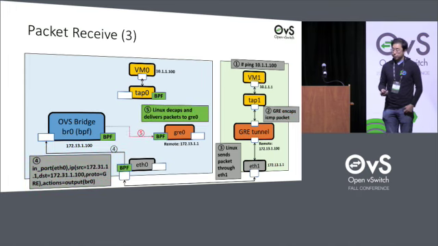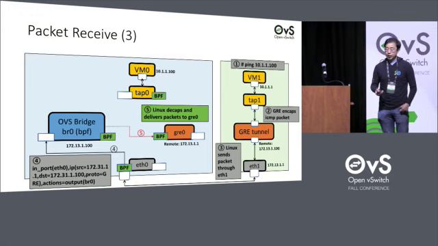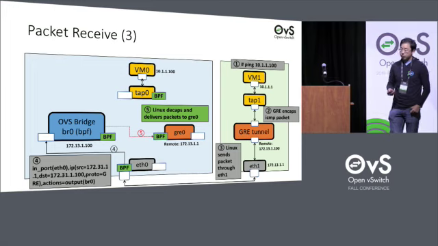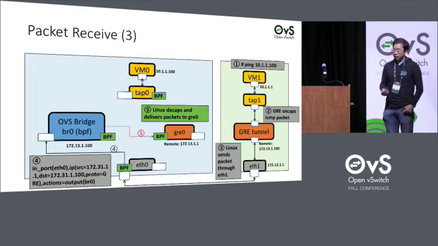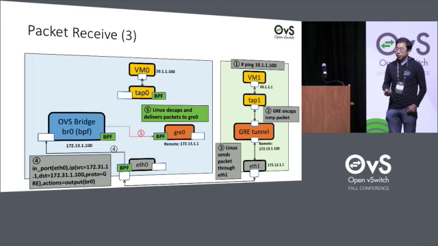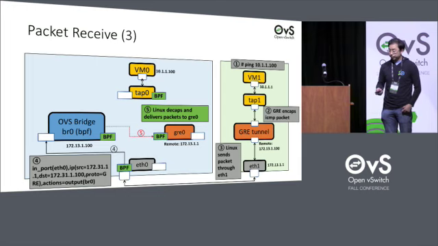Next, when bridge 0 receives the packet, it finds the destination of this packet is itself. So it delivers this packet to the local Linux network stack, and then the Linux kernel will decap this packet, and because it's a GRE packet, it will deliver this packet to the GRE0 network device.